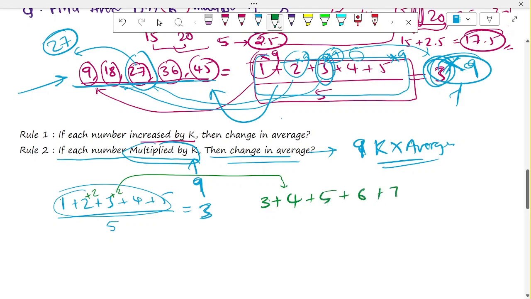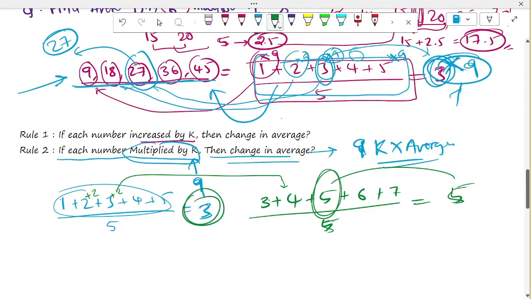And 5 plus 2, 7. Divided by 5. Now the average of this, you can see clearly it is consecutive, so the average will be 5. Now can you tell me what is the difference between these two? What is the relationship between these two averages that we have got? It is nothing but plus 2.